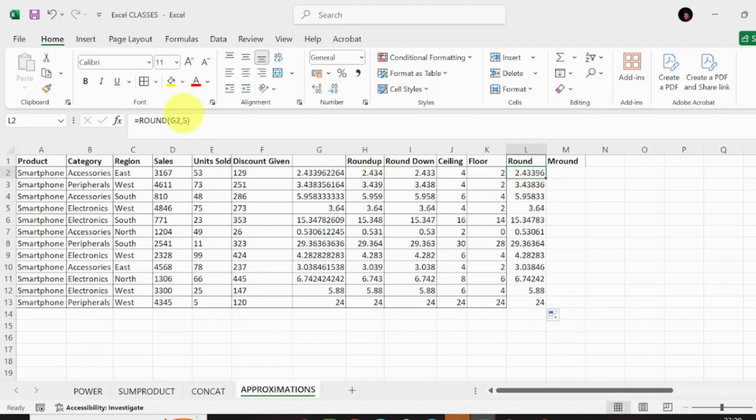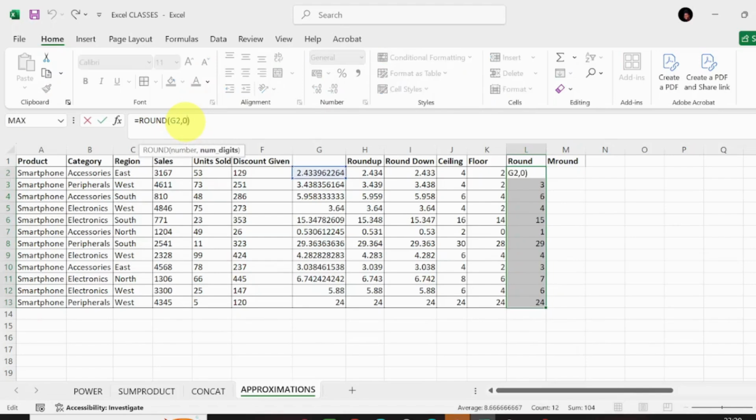Now if you change the value to 0, it will give you a whole number. Let's double click and see. When you double click, you realize that it converts it to a whole number. So you can use ROUND to convert to a whole number, and you can also use ROUND to convert to the nearest 10.